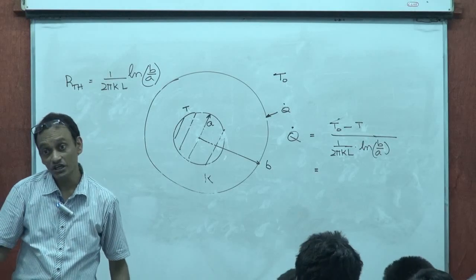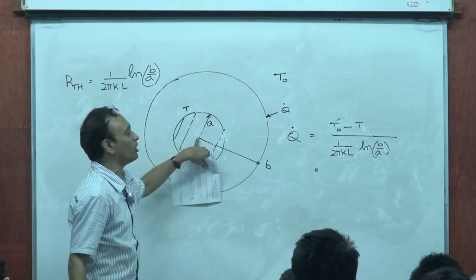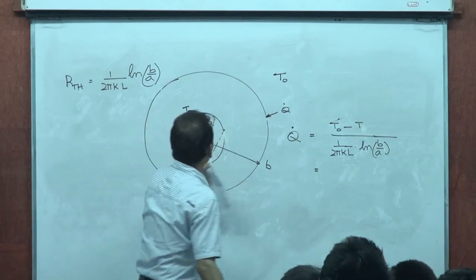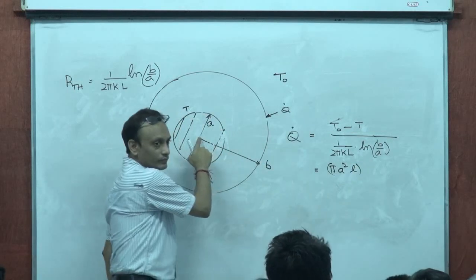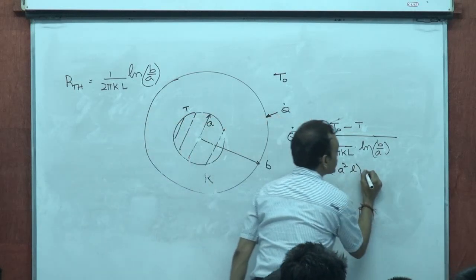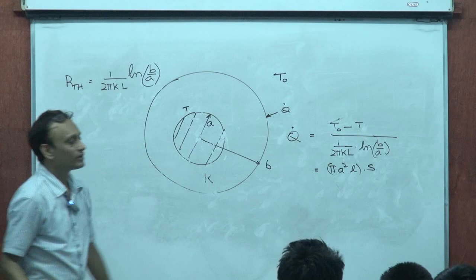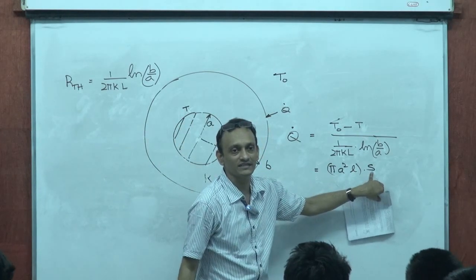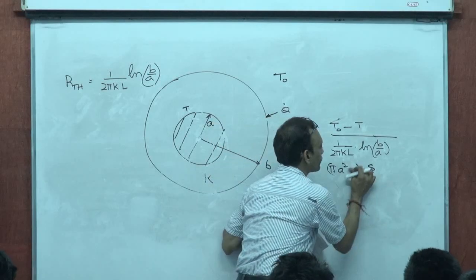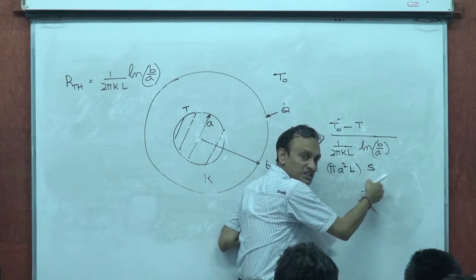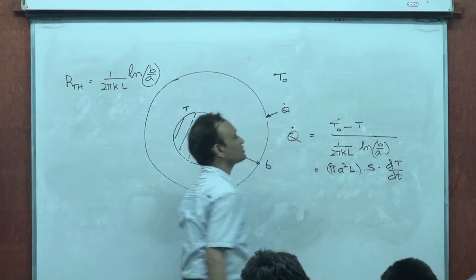It's given that the thermal capacity per unit volume of this is S. So, the thermal capacity of volume pi A squared L, that's the volume of this, is this into L. So, this is like mass into specific heat, into the rate at which temperature changes with time for this.